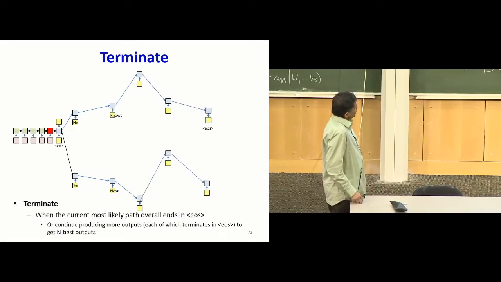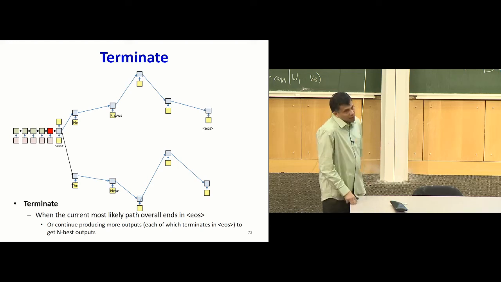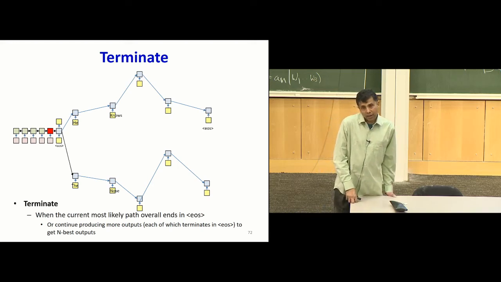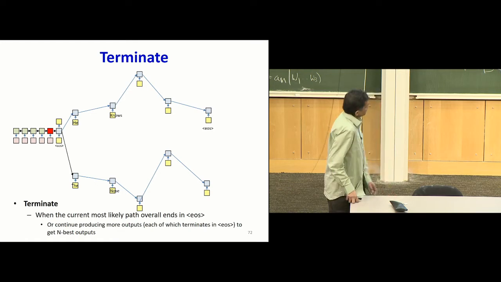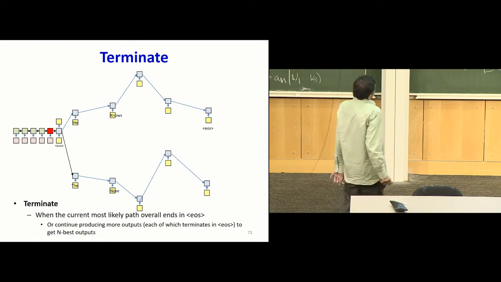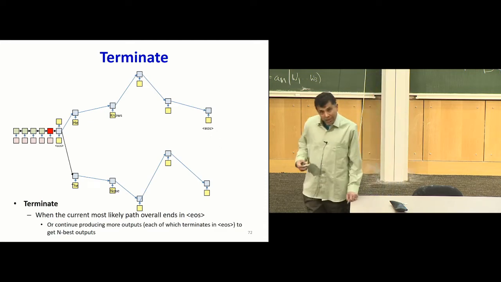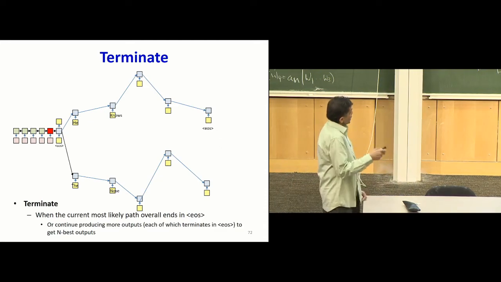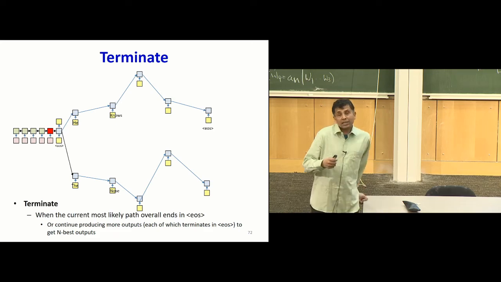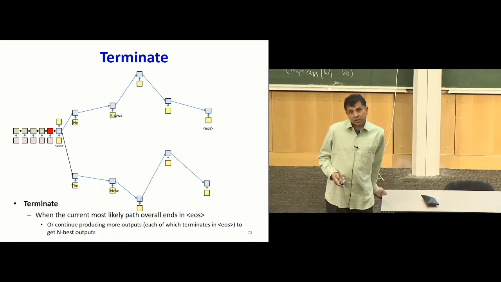You would continue doing this until the most likely overall path ends in an end of sequence marker. Now, this is what you do if you want to just produce your one best guess. If you want to produce multiple guesses, then you can continue extending the other paths until they terminate in an end of sequence marker.